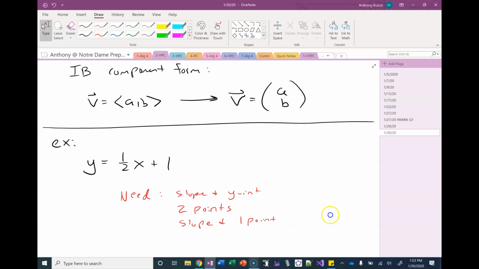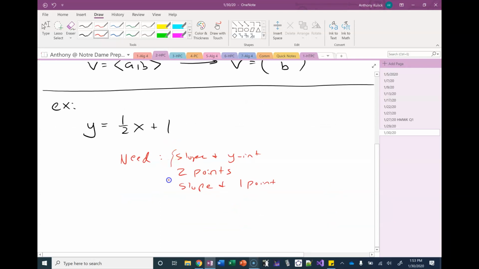So the same is going to happen here for writing a vector line equation. We're going to need a slope and a point. That point could be specifically the y-intercept. There's nothing wrong with using that point. It could be any other point or 2 points. Either of those is going to be enough information.